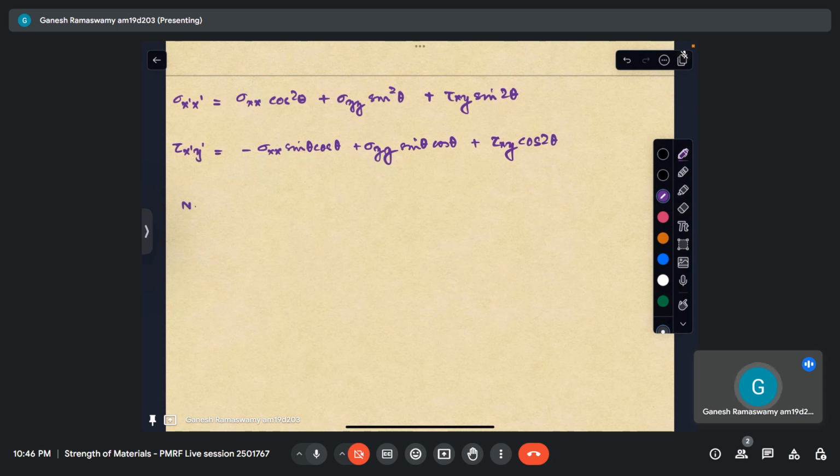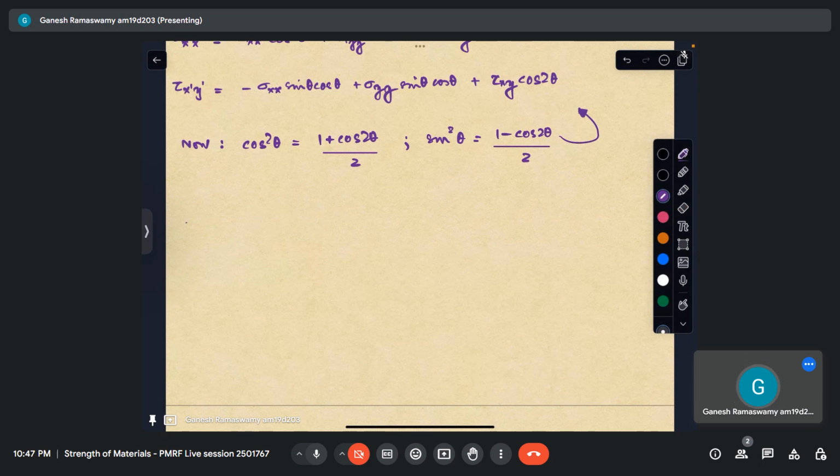Now I can simply substitute. This is sine squared theta, it is 1 minus cos squared theta. So when I substitute this, I'll get sigma x prime as sigma x plus sigma y by 2 plus sigma x minus sigma y by 2 cos 2 theta plus tau xy sine 2 theta.